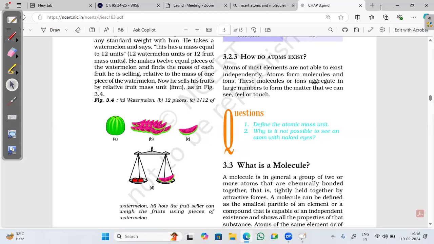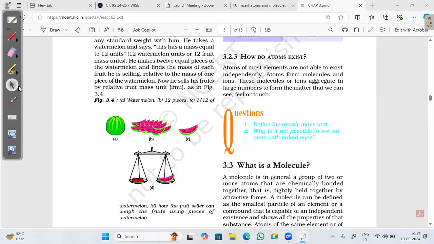For example, hydrogen. In which form do we have hydrogen on Earth? It's a gas. In what form? We have hydrogen on Earth mainly in the form of water, H2O. So most of the elements exist in the form of molecules only.